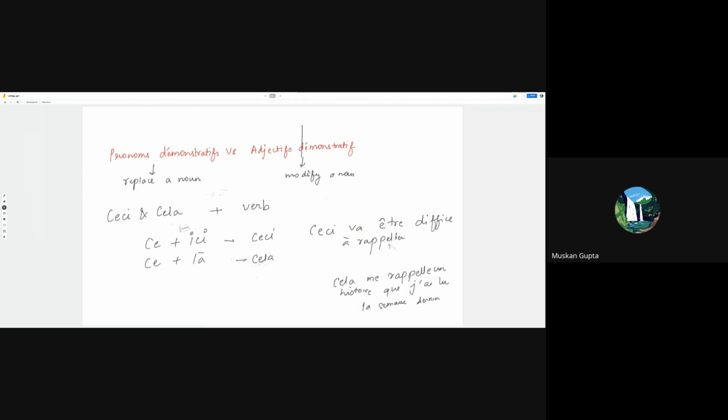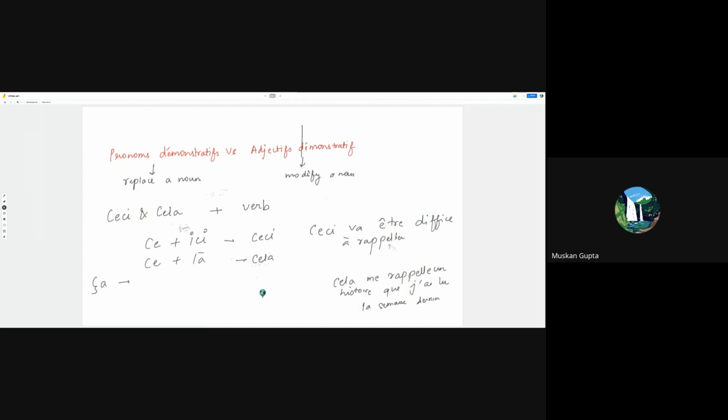Next we have ça. Again, they are not used much, just whenever you have a blank, and with any verb other than être, you would use ceci and cela, if I give you a very simple context.